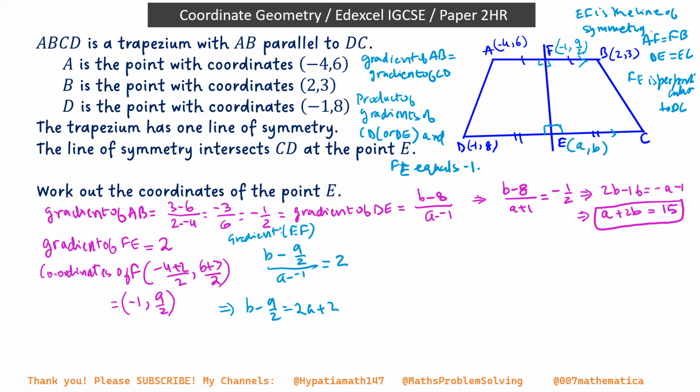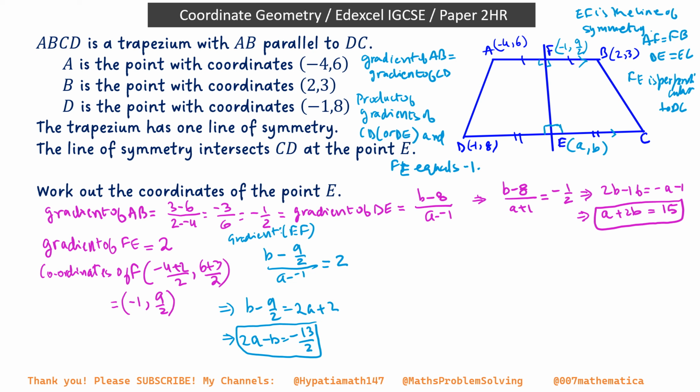So I get 2A minus B is equal to minus 9 out of 2 minus 2, so that is minus 9 minus 4 out of 2, so minus 13 out of 2. So I get 2A minus B is minus 13 out of 2, and that is the other equation.